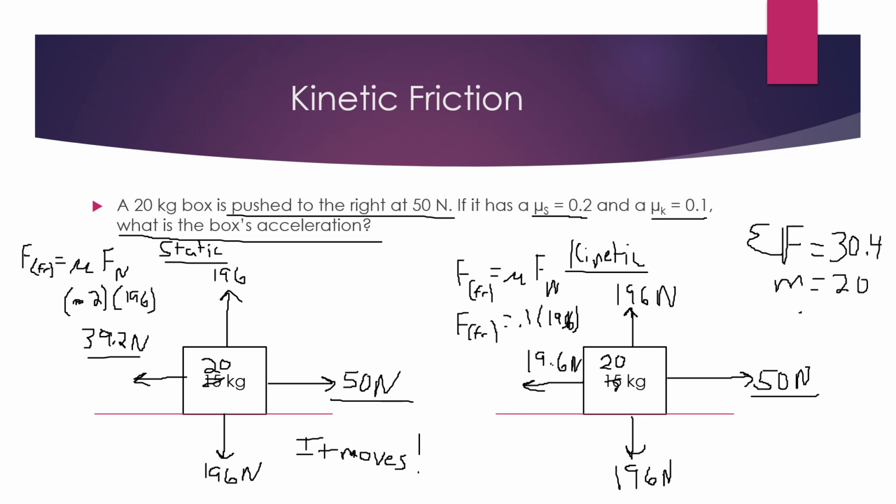The acceleration is indeed 1.52 meters per second squared to the right. So, lots of steps. First, use the static friction to determine if it moves. If it moves, then you use the kinetic friction in the free body diagram, get the net force and the acceleration.